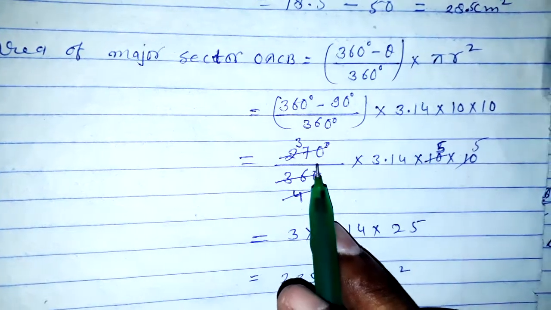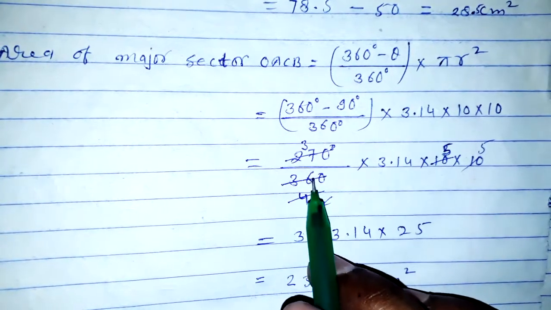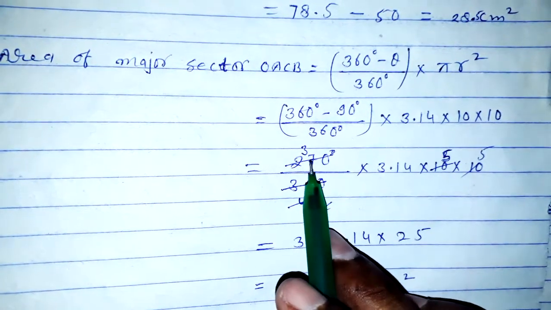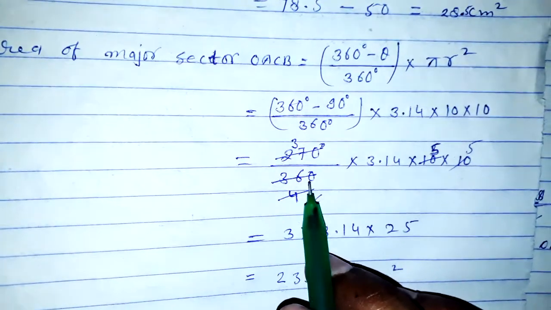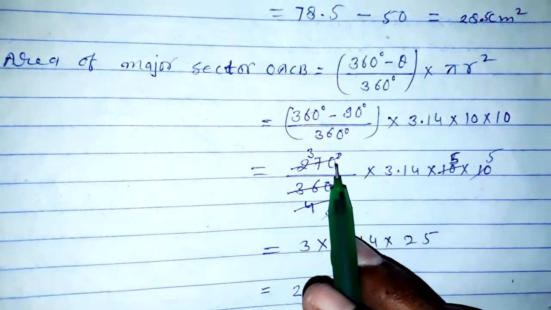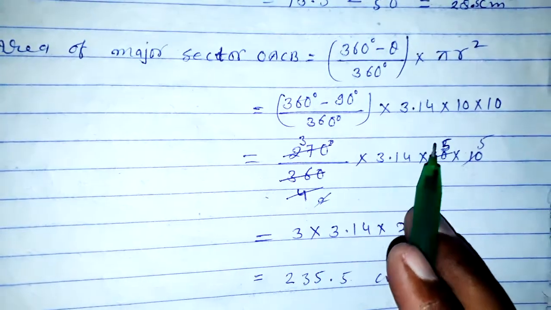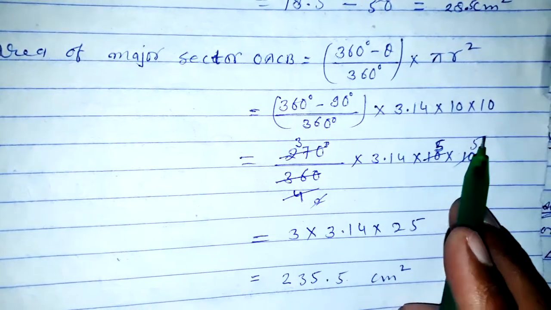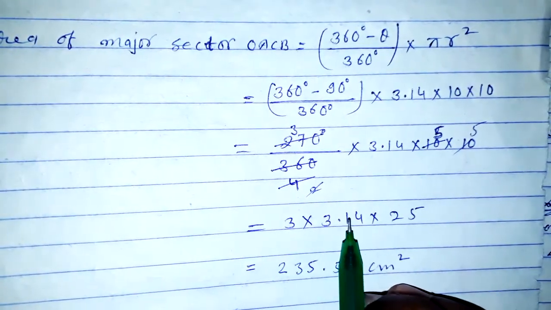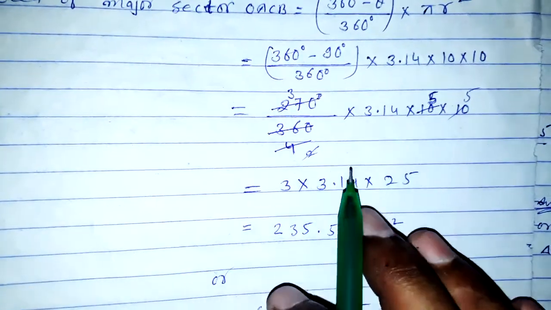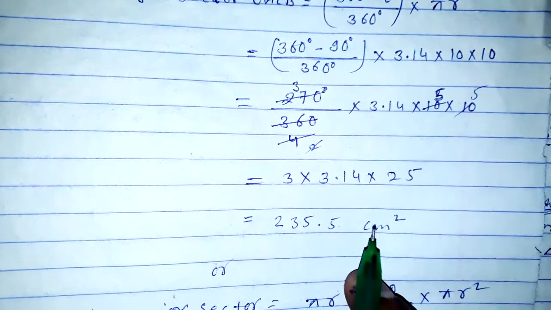So divide here, 9 3's are 27 and 9 4's are 36. The zeros also cancel out. So 2 5's, 2 5's. So here 3 into 3.14, 5 into 5 is 25. So the complete value is 235.5 centimeter square.